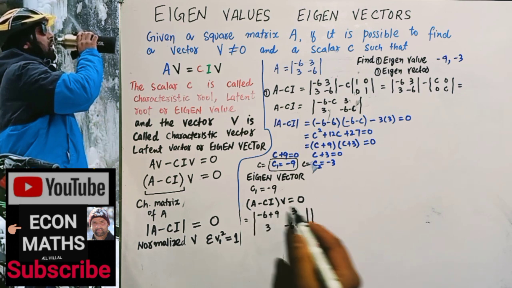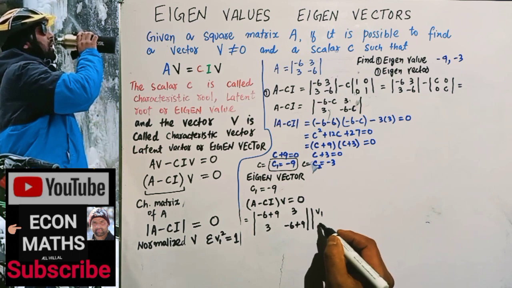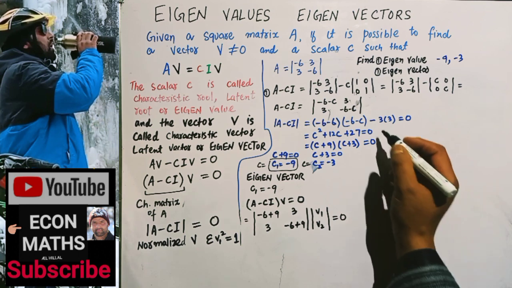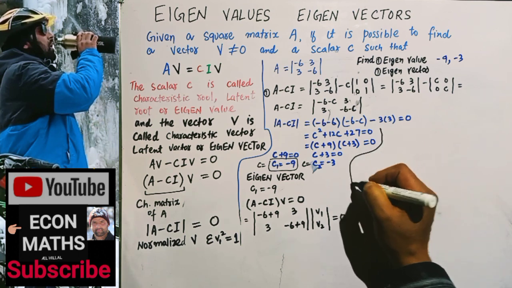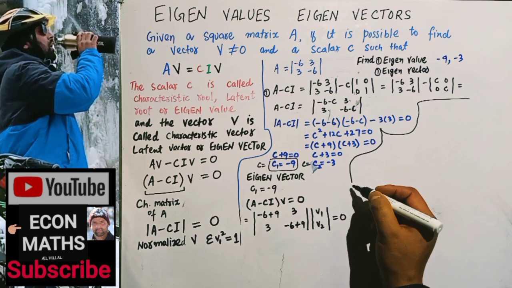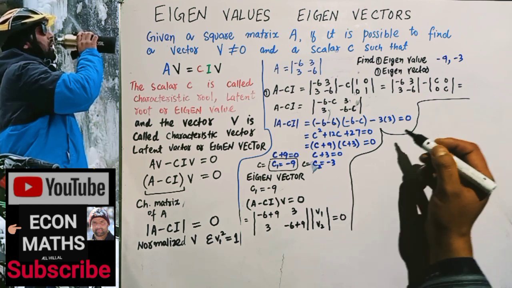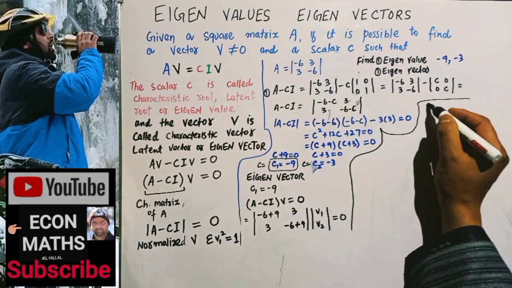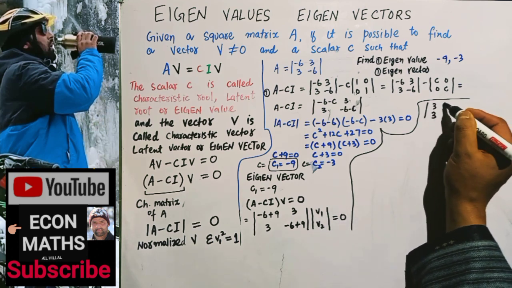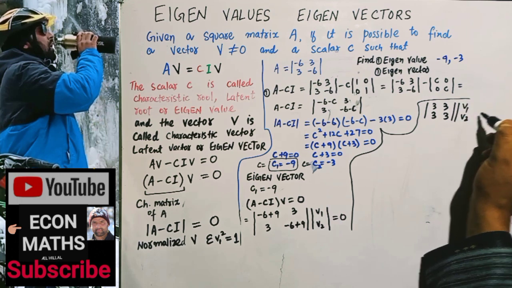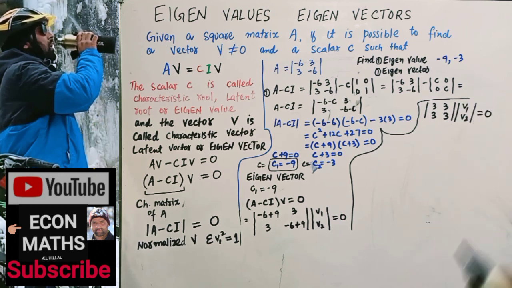To this we multiply the vector, that is V1 V2, which is the column vector, and we set it equal to 0. Let us further solve it. So solving this, we will get the matrix 3 3 3 3 times V1 V2 equal to 0.